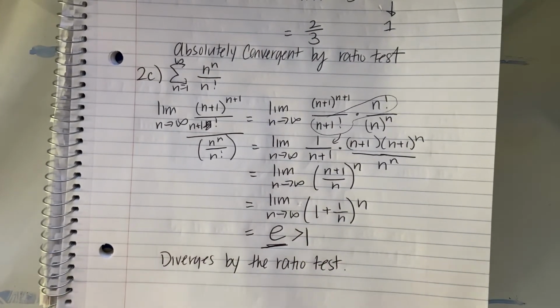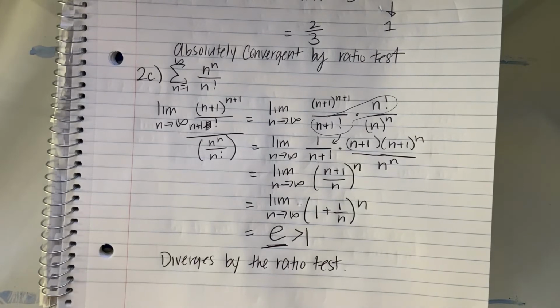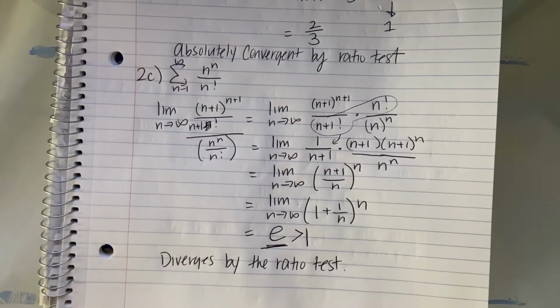Okay, so what does n to the n mean versus n factorial? n factorial, like 7 factorial, would be 7 times 6 times 5 all the way down. n to the n would be 7 times 7 times 7 all the way down. So while the numbers in n factorial are getting smaller each time, the numbers in n to the n are staying at the very biggest number possible.